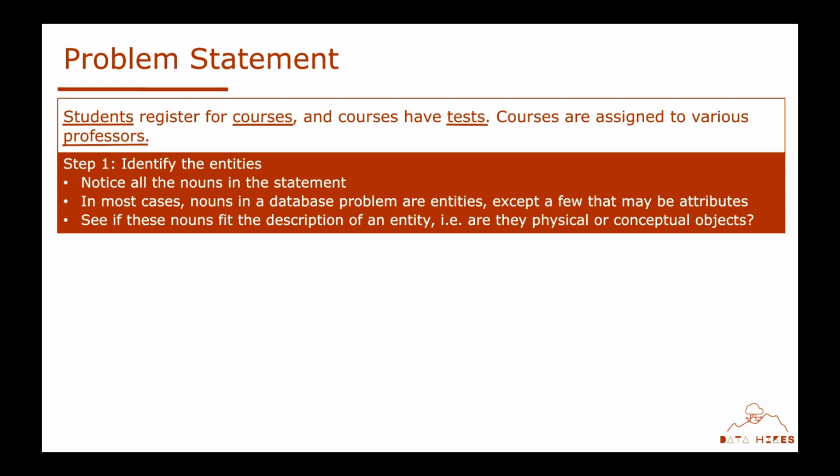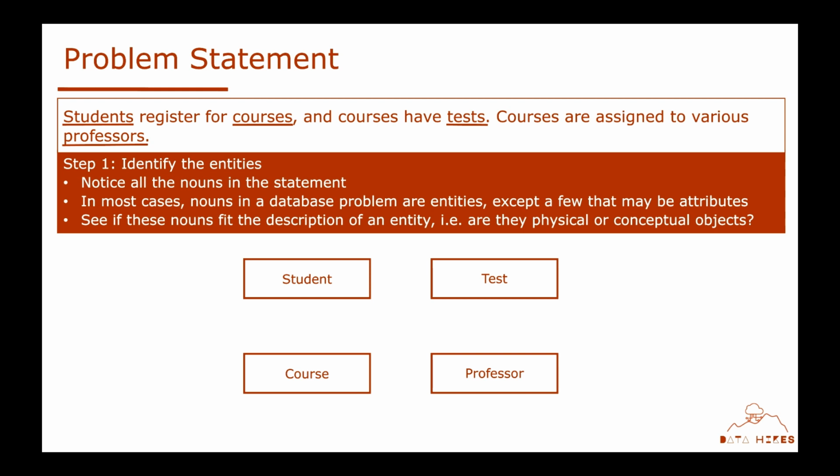They don't have a direct physical representation, but by themselves they mean something. So that means they are conceptual objects. Entities are represented using rectangles in an ER diagram, if you remember from the last lecture. And this is how we would represent the four entities that we have identified in this problem.